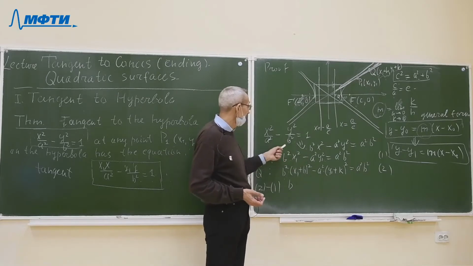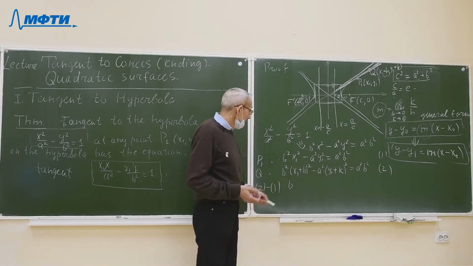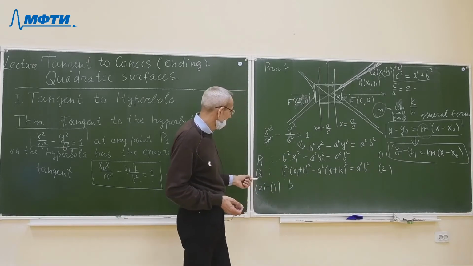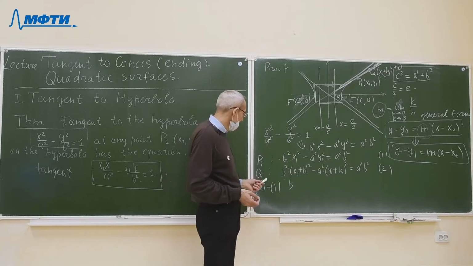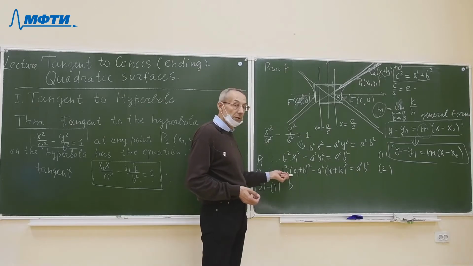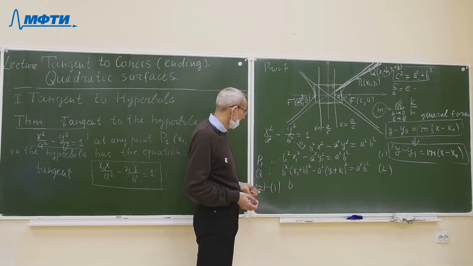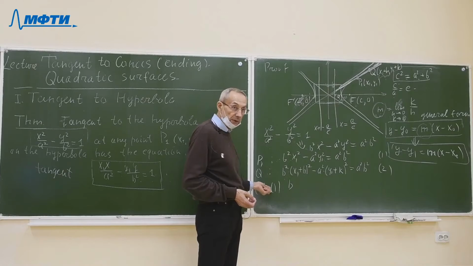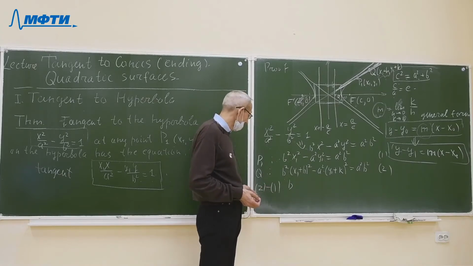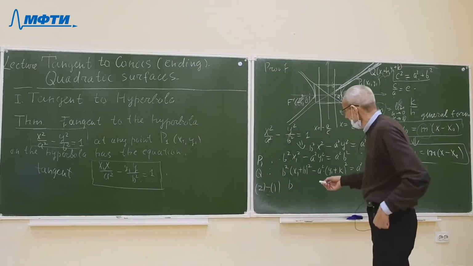We rewrite this equation in the following form. We multiply the left and right sides by the product a square and b square and obtain this form. And we have two equalities, one for the coordinates of point P1 and the other for the coordinates of the point Q. Then we subtract the first equality from the second and obtain the following difference.